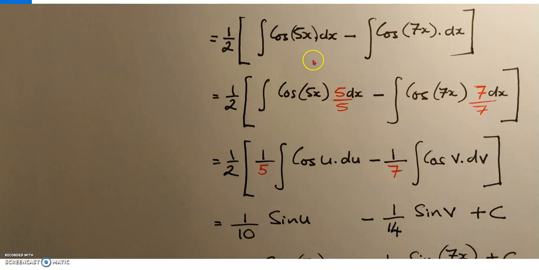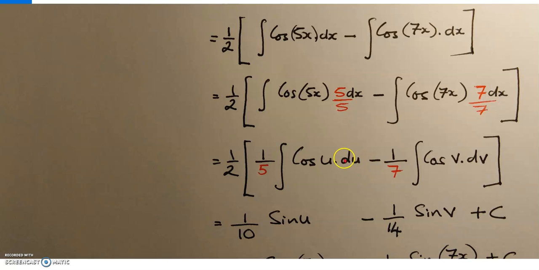Okay, so how do we integrate cos 5x? Well, you say let u equal 5x, and so you differentiate that, you get du by dx is equal to 5. Then if you cross multiply the dx, you get that 5 dx must be equal to du.